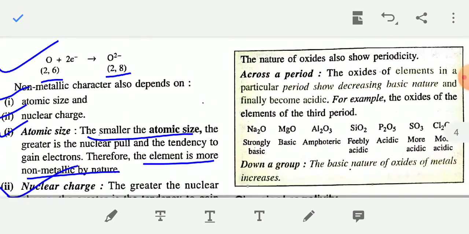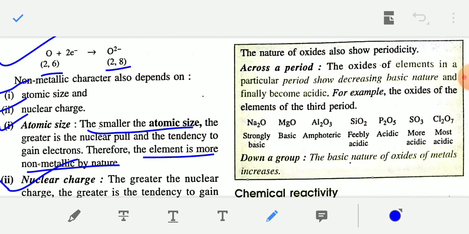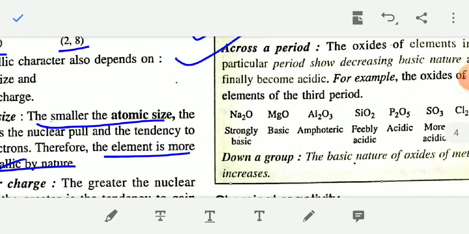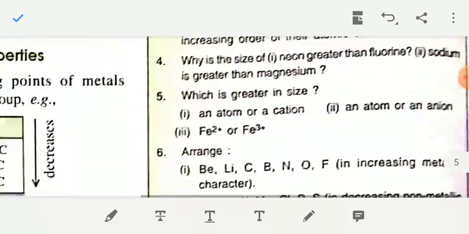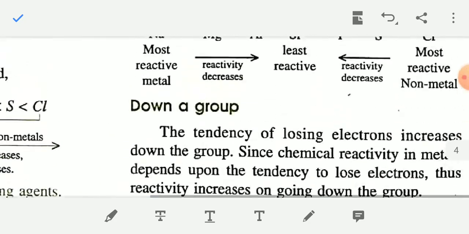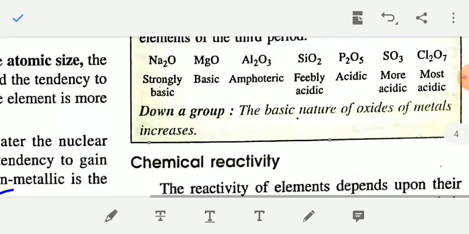And now see, the nature of oxides also shows periodicity. Across the period, the oxides of different elements show a variation in their properties.